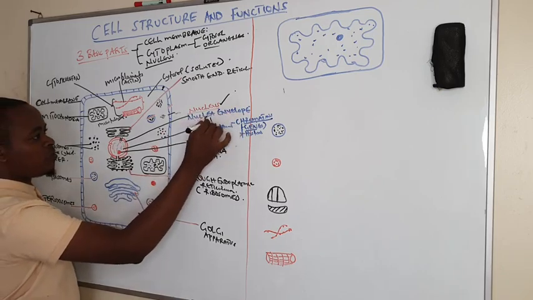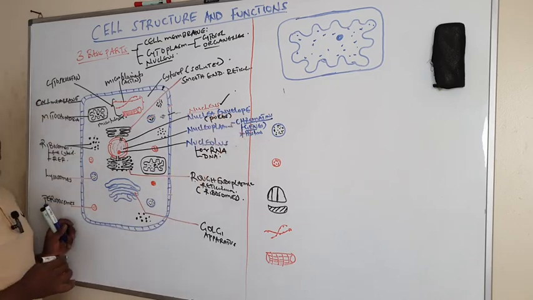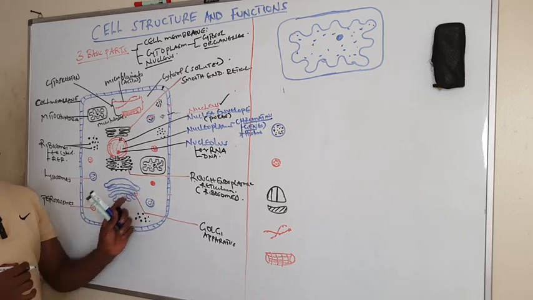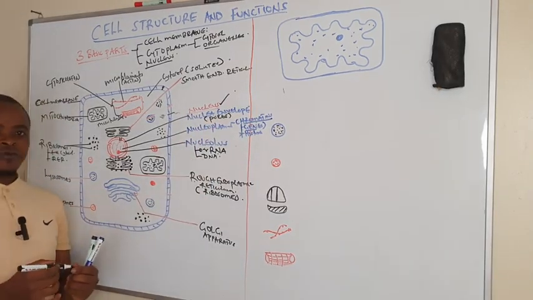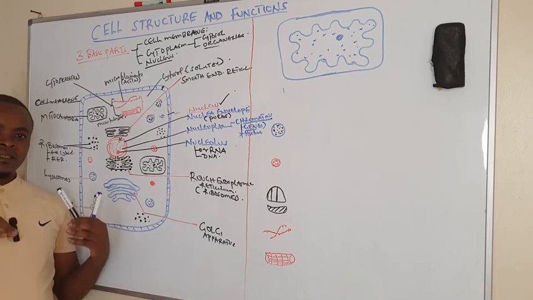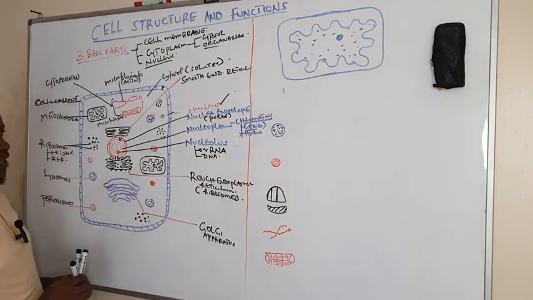This nuclear envelope contains smaller pores where the RNAs and the replicated DNA after transcription pass through. So these smaller nuclear pores allow movement of messenger RNA and ribosomal RNA, after transcription, to pass through and go into the cytoplasm.